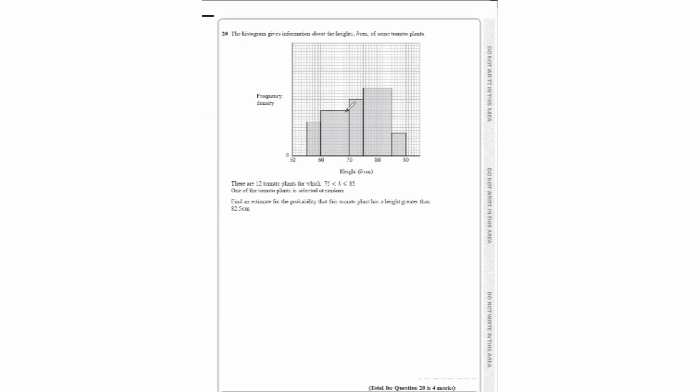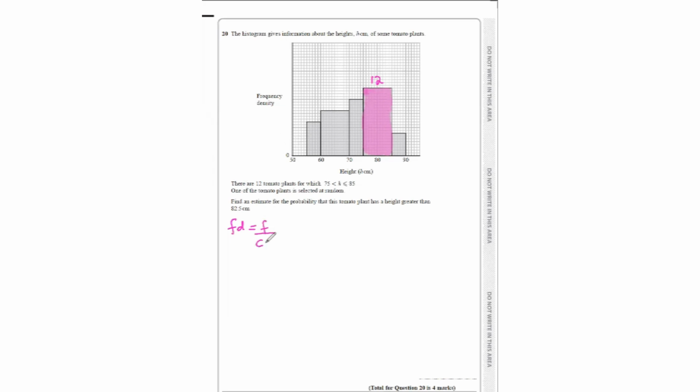So they have given us the frequency for the interval of 75 to 85, which is basically this one. We know that this is equal to 12 plants. So we can easily find the corresponding frequency density because if you notice, they haven't given us the scale for the y-axis.